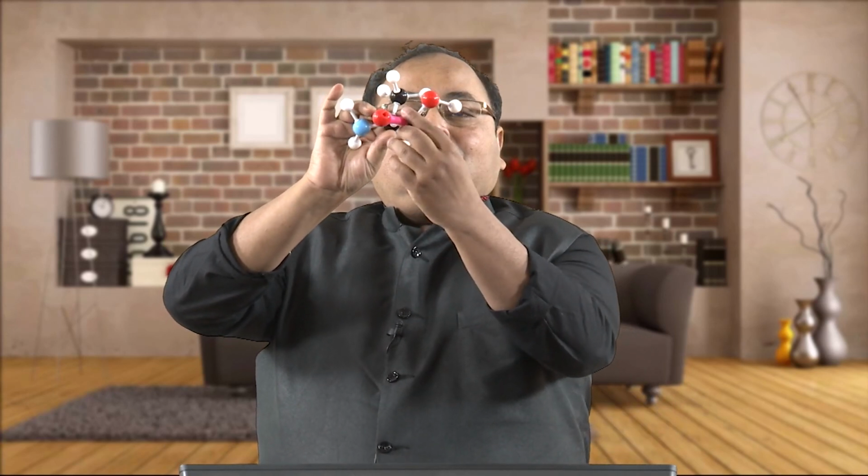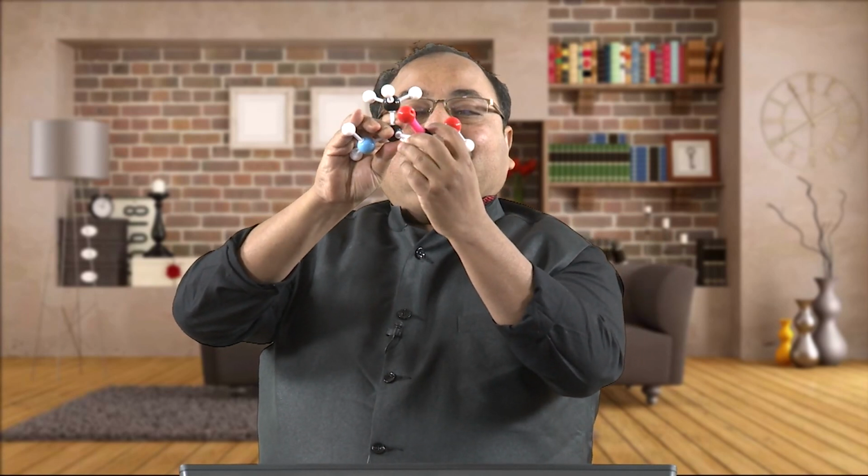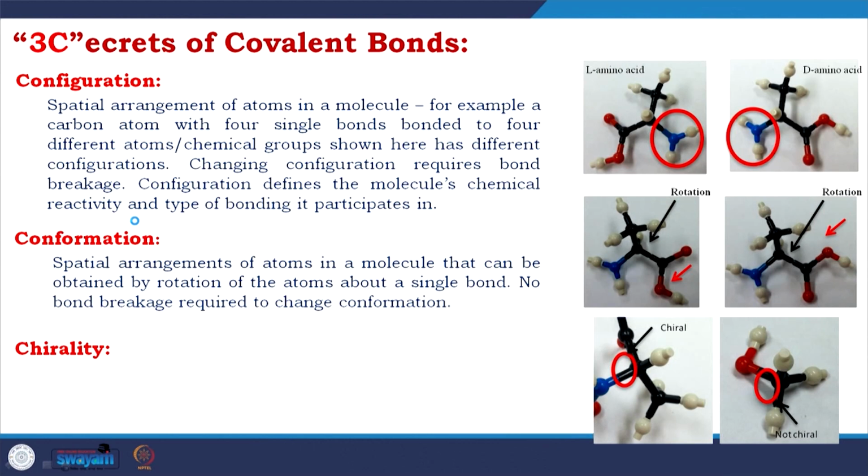Now, you could see the position. If I rotate these, all the other groups being the same, the oxygens would be changing their position. This is called conformation: the spatial arrangement of atoms in a molecule that can be obtained by rotation of the atoms about a single bond.